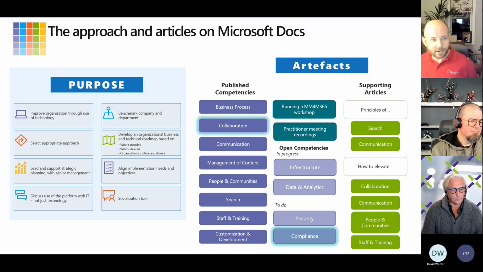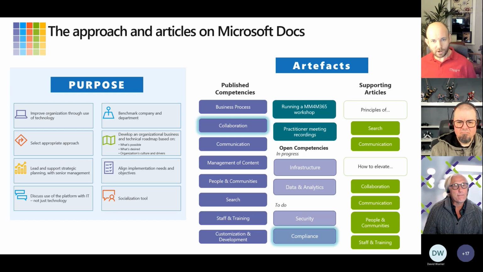As ever, the purpose of the maturity model is to enable organizations to get more from Microsoft 365. We've got a number of competencies, and we're talking about search here today. There's been quite a lot of activity in the last month, with a new competency looking at compliance, which is very exciting.